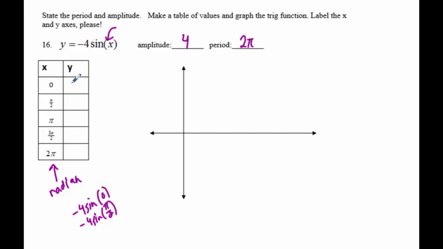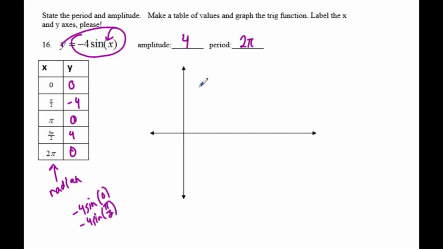So like when I plug in 0, I should get 0. So you plug it in as -4 instead of 4? Yeah, when I'm plugging it into the calculator, I use this equation. I'm only ignoring the negative when I write down the amplitude, not whenever I put it in my calculator. Okay. So this is 0, and then -4, 0, +4, and 0.